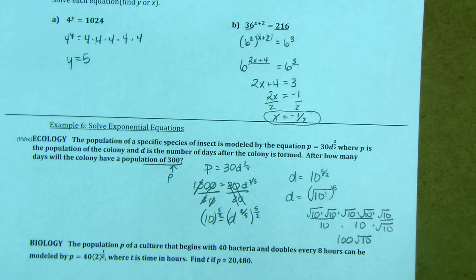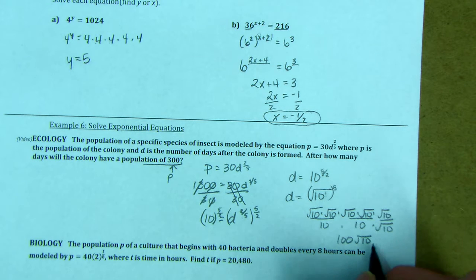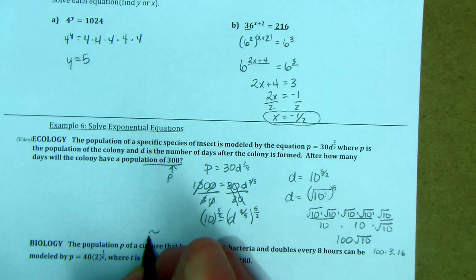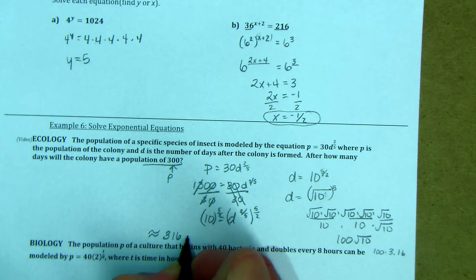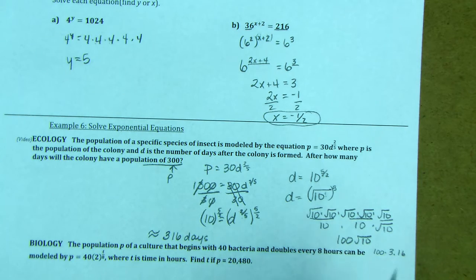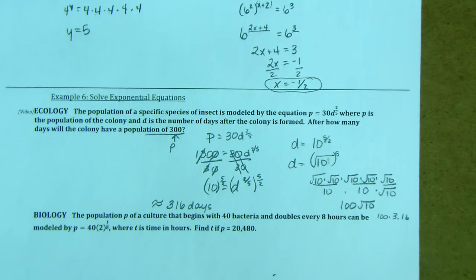And the square root of 10 is approximately 3.16, so 100 times 3.16 is approximately 316 days. So I guess once you're here, you can probably just use your calculator.